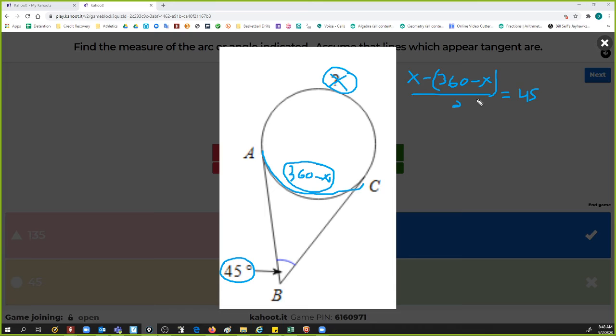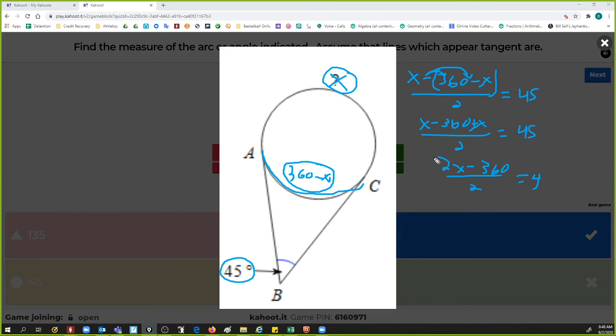When you distribute the negative, the 360 becomes negative and the x becomes positive, so it becomes x minus 360 plus an extra x. So we end up with 2x minus 360 over 2 is equal to 45.